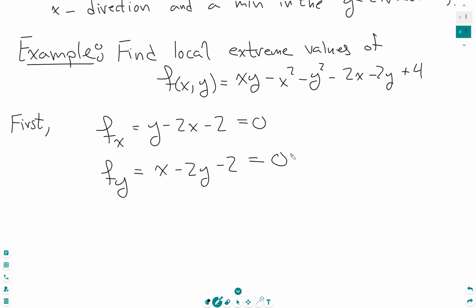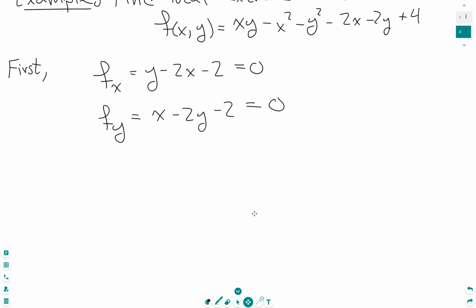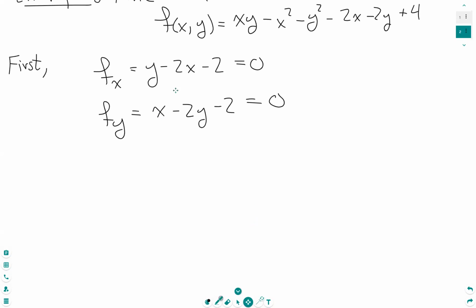So this is the first time we've had a look at this, but now we've got a system of equations, right? I've got 2 equations here and 2 unknowns. So I might have to solve for one and plug it into the other. What I'm going to do is take the first expression.